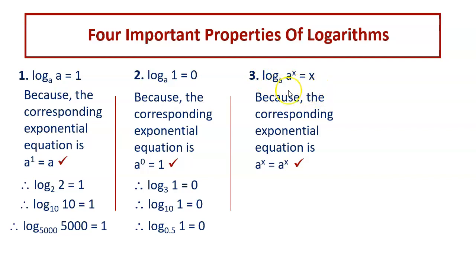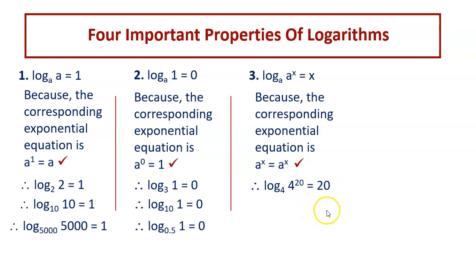Now it may look like a weird equation or formula, but it will no longer remain weird once you know the other properties of logarithms. So, for example, log of 4 raised to the power of 20 to the base 4 is equal to 20. Only the power will be the answer.